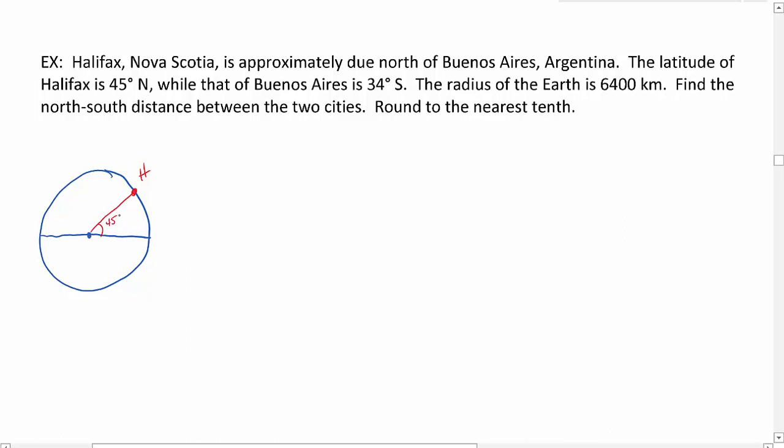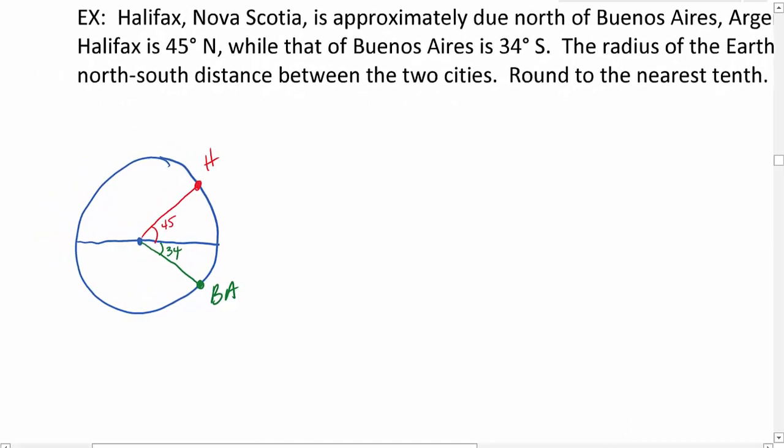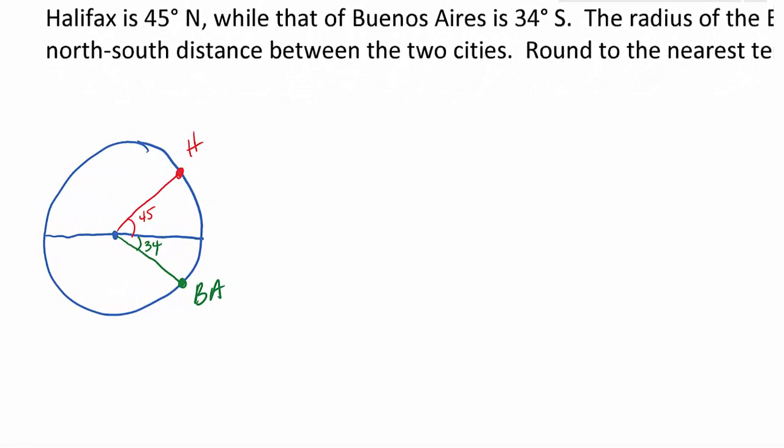And Buenos Aires is 34 degrees south, so from the equator, we're going to go south 34 degrees. And we're trying to find the distance in between. So we're trying to find this arc length right here.